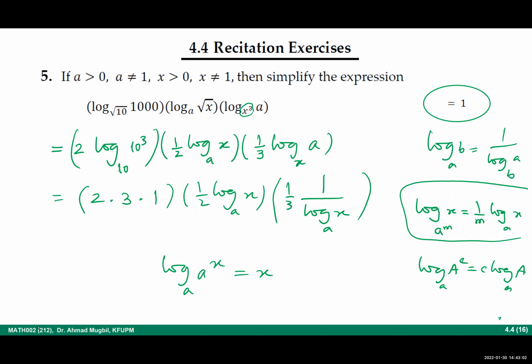Now you can cancel this with this. And you have also 2 over 2 is 1, 3 over 3 is 1, and the answer is 1. You may use other ways to solve it, but I believe that this is the faster or the best way to do that. Let's go to the next question, please.